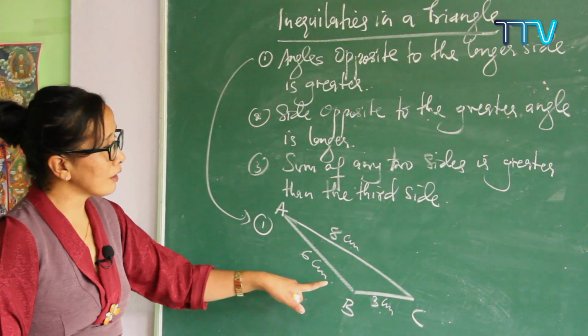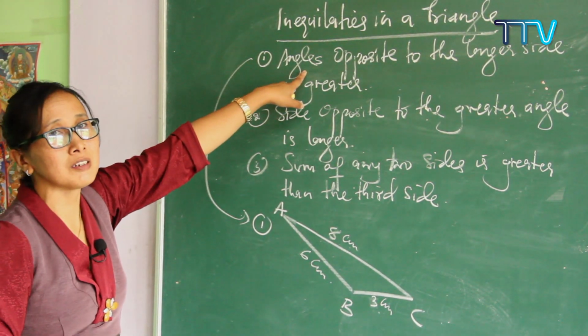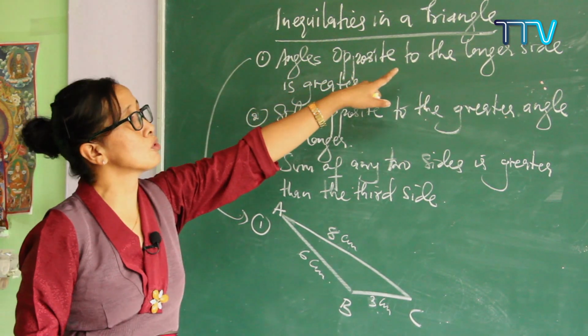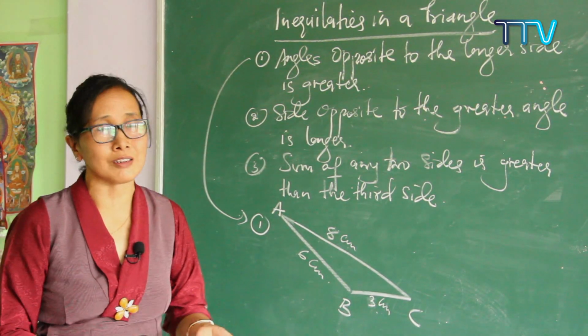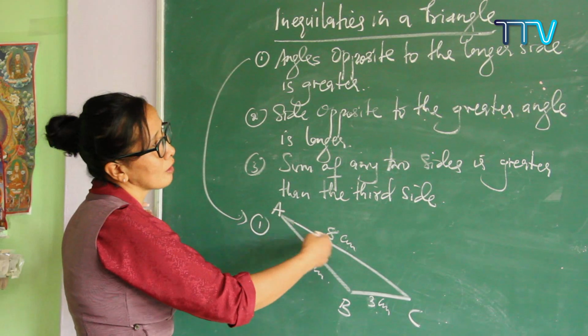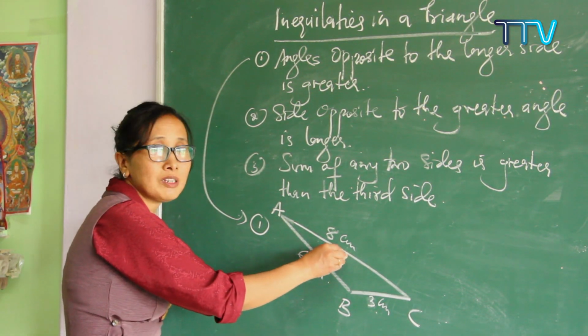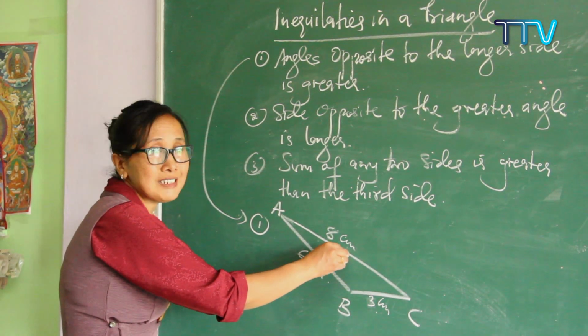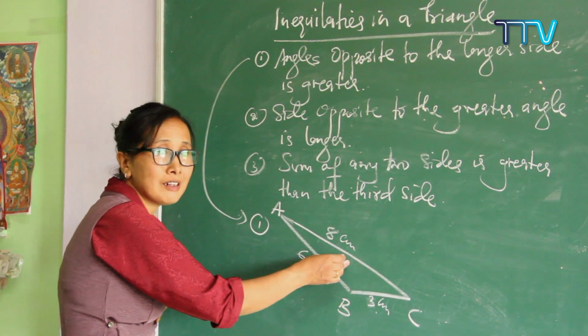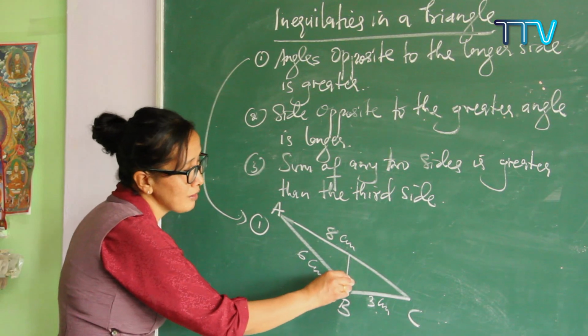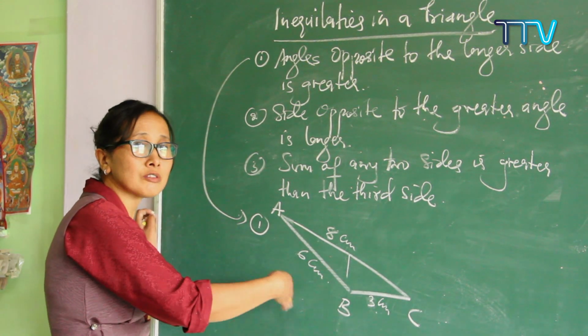In this triangle, what is the first property given? The angle opposite to the longer side is always greater. Which one is the longer side? The longest one is 8 centimeters. So if this one is the longest, the angle opposite to this side is always the greatest among these three angles.